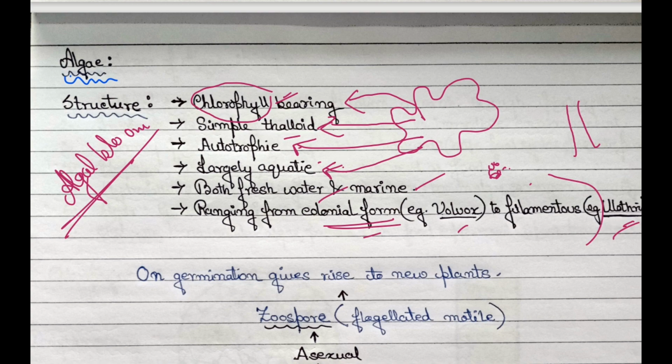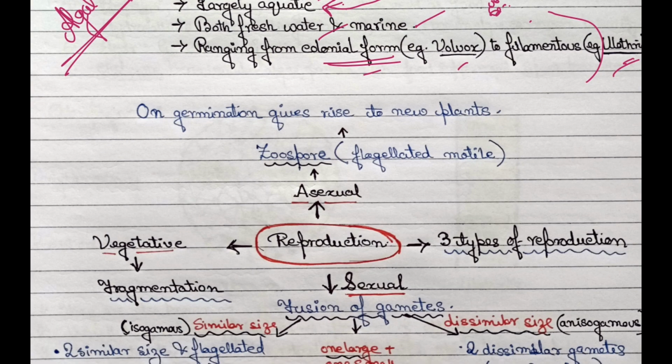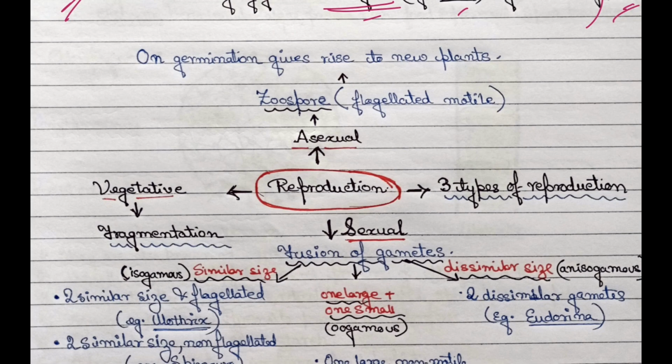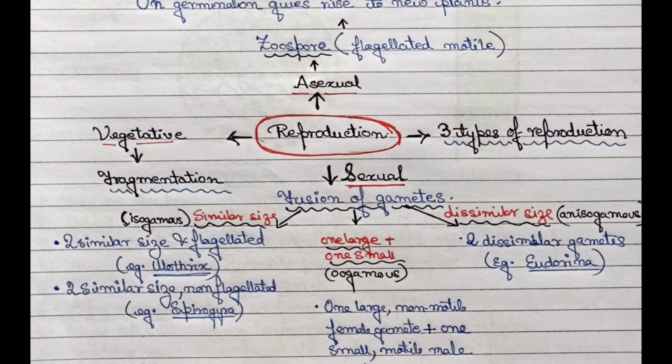Now let us go to the reproduction pattern of algae. So this is kind of a mind map of reproduction. Here we can find that there are three types of reproduction that go on in algae.